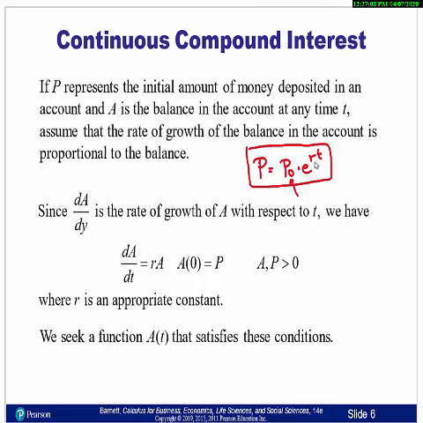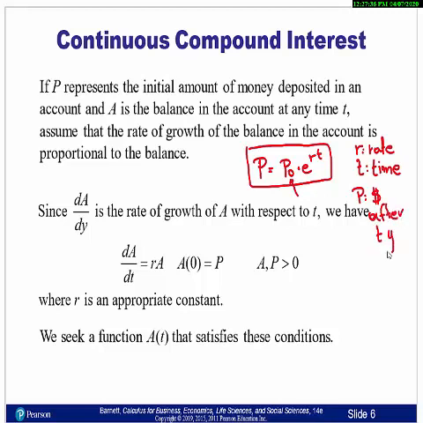Then R is the rate. You remember, this is the annual rate of interest, and T is how long you have to leave your money in the bank in order to get the interest. So the P is going to be the principal, the amount of money, let's say dollars, after T years.